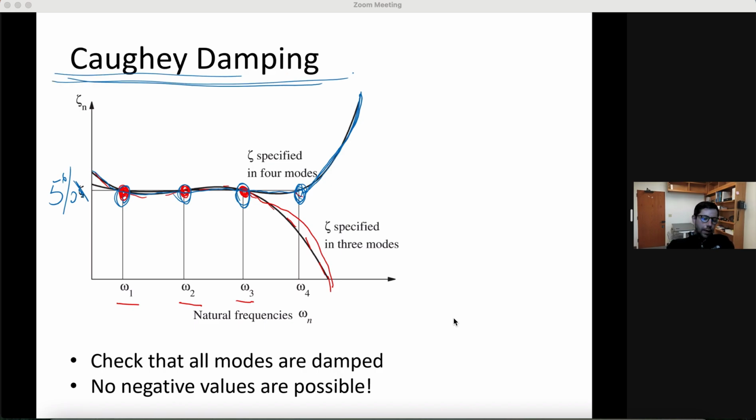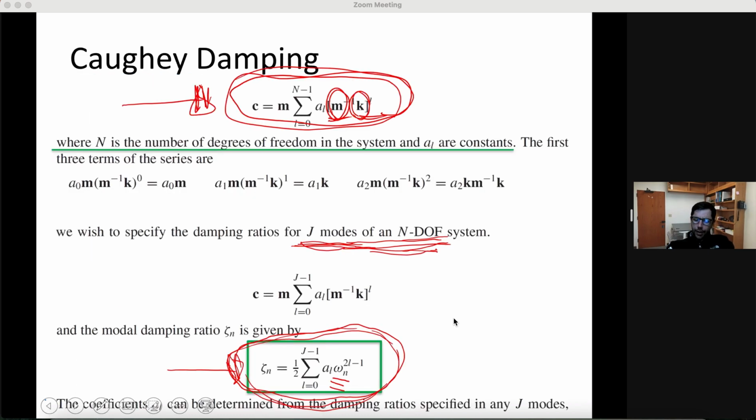When using Caughey damping in one of the software we have been mentioning, the formula behind it is written here. This is the combination that you will be using to write the damping matrix. If this is the combination, the equivalent viscous damping for each mode of vibration will be given by this formula.